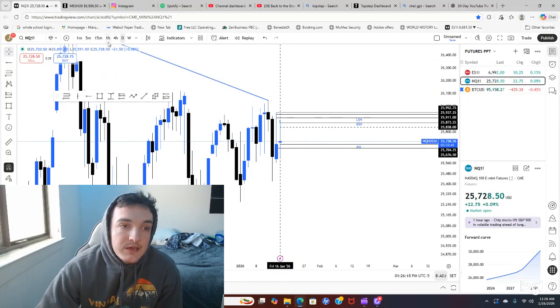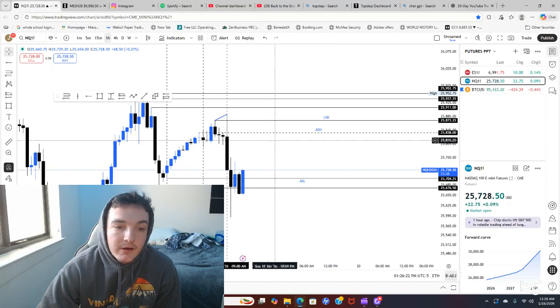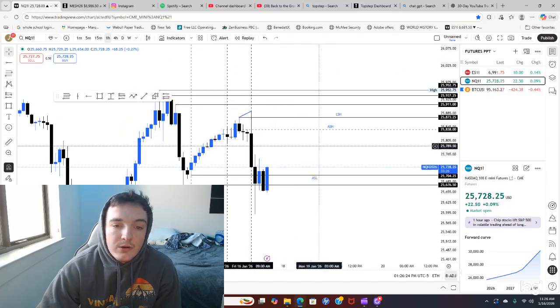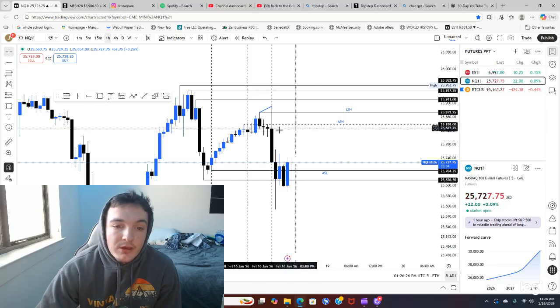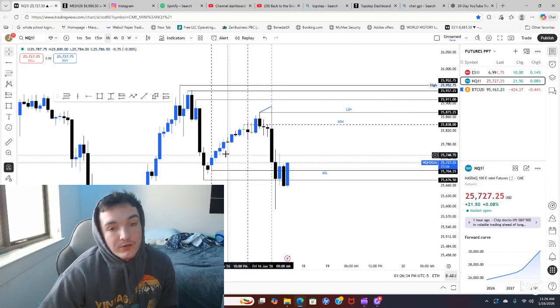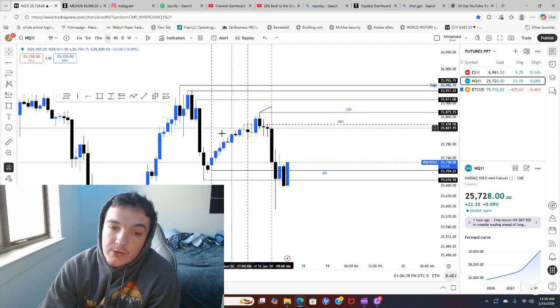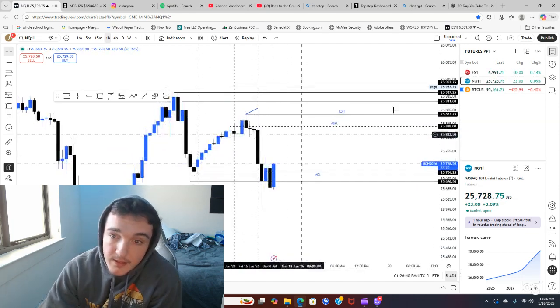So after I see that, I look for other confluences and other time frames. I scale down to the 1 hour, and I'm looking for market structure. In Asia and London session on NASDAQ, we are in bullish market structure because we're making higher lows and higher highs. We're trending upwards. Okay?